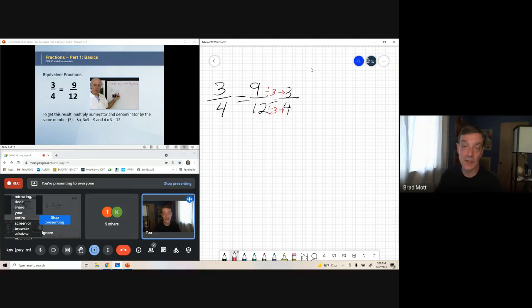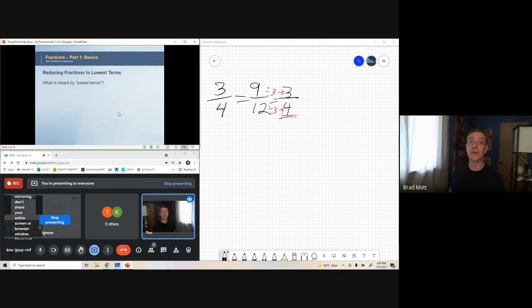There are no factors in common between 3 and 4 except 1. And once you have reached a state of simplification where the only factor they have in common is 1, you have simplified a fraction as far as possible.